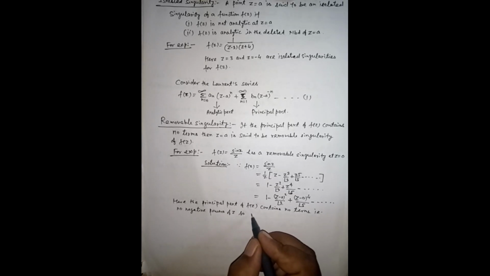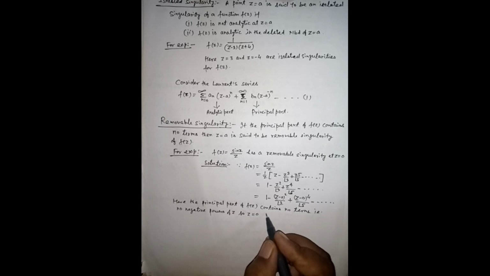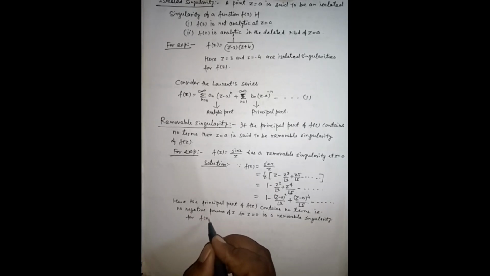So z equal to 0 is a removable singularity for f(z) equal to sin z by z.